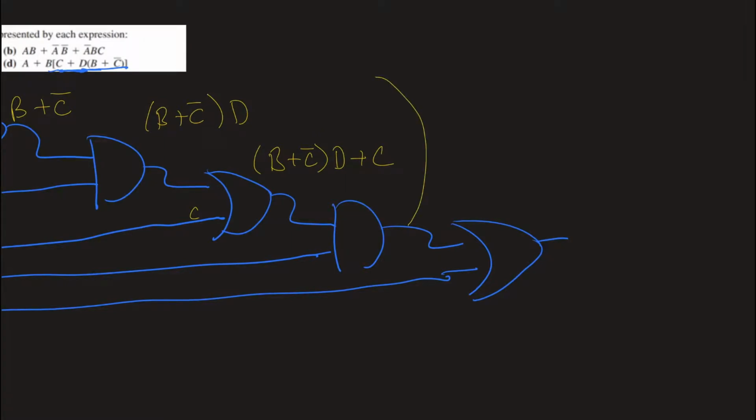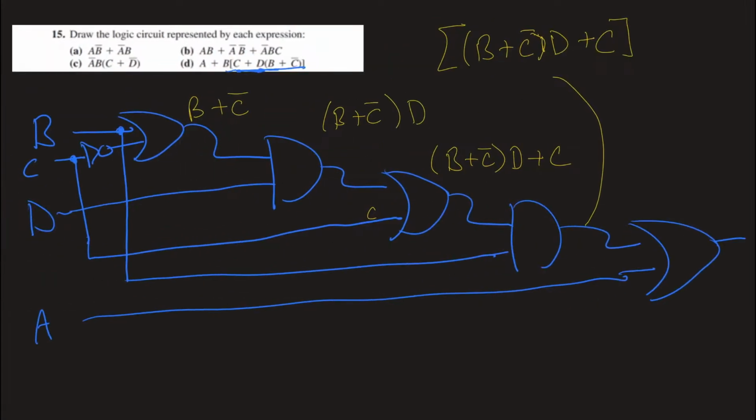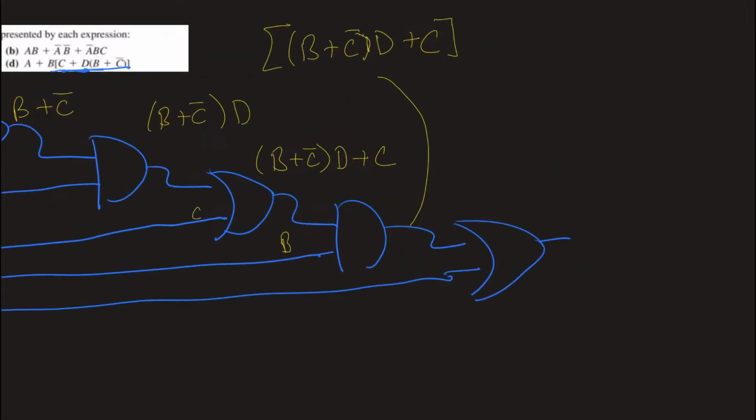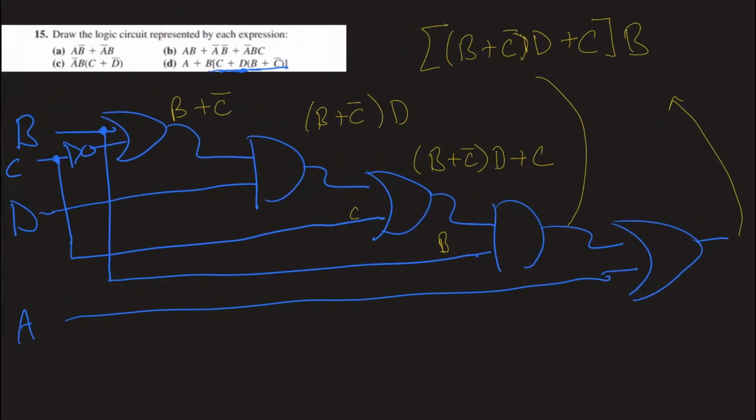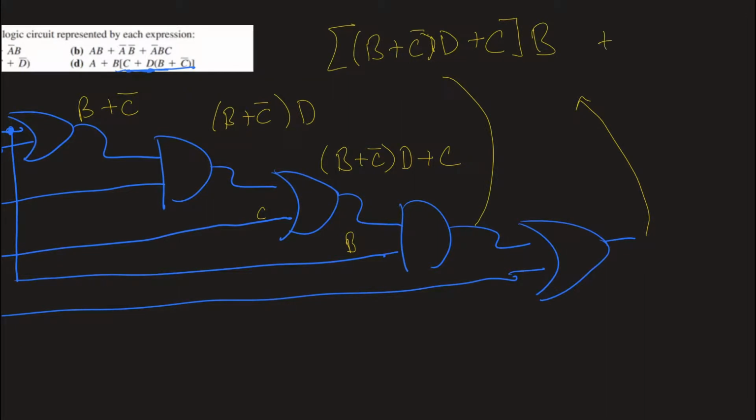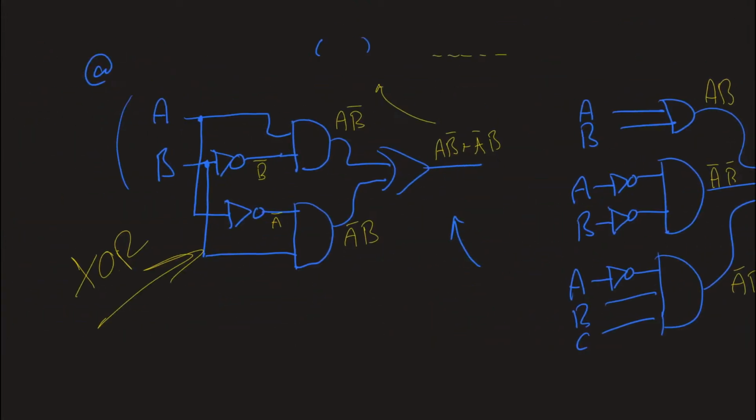So on one side, we have B or C naught D, ANDed with B or C naught ANDed with D or C, and this whole side gets ANDed with B. And then finally, this one here is where we just take that whole thing and OR D. And you can see that that whole thing is the same as right there. And so that's it. If you still have questions about these, just let me know.